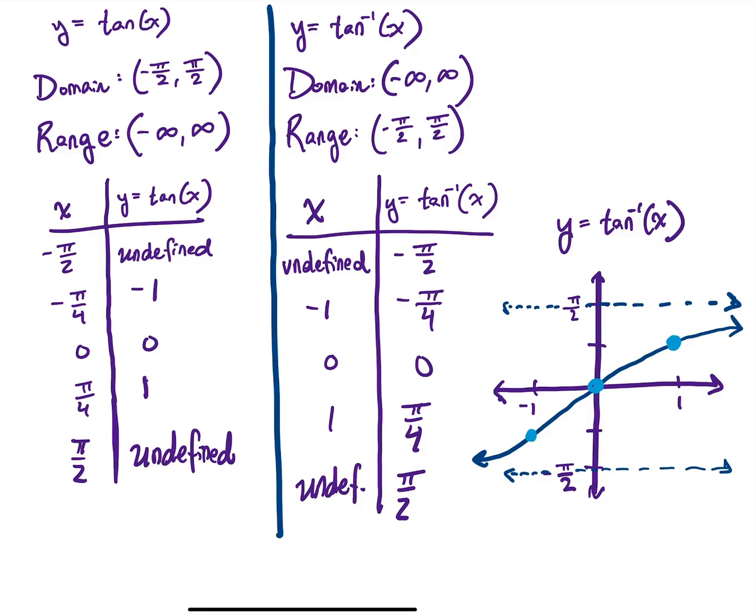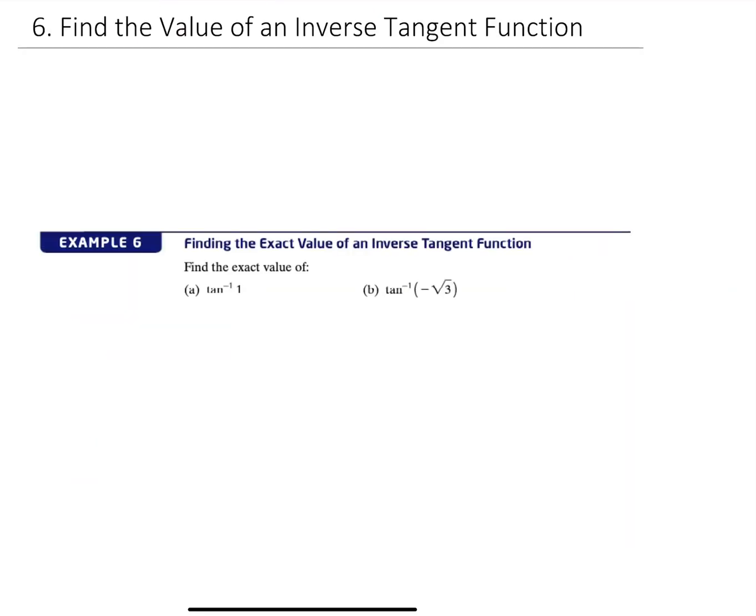And just like with the sine and cosine, let's look at finding a few values using this. So we want to remember that the range of the inverse tangent is between negative pi over 2 to pi over 2. So similar to the cosine, except it can't be pi over 2 or negative pi over 2.